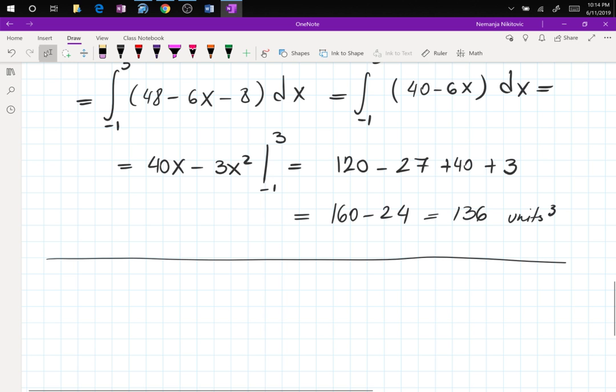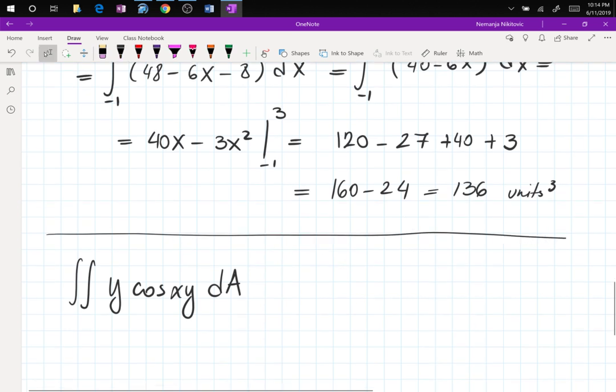So if you have a region, so integral of y cosine xy, and then they put dA because I didn't talk about that. I'll say that dA is equal to dx dy or dy dx. Could be either or.